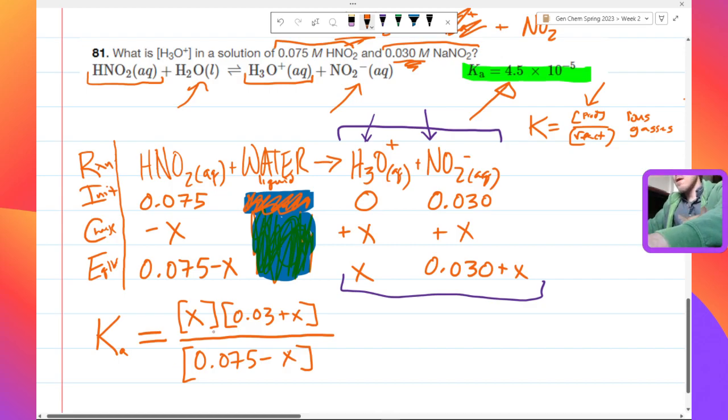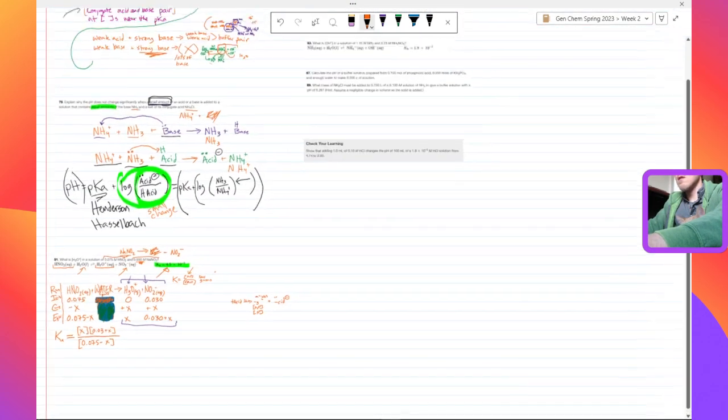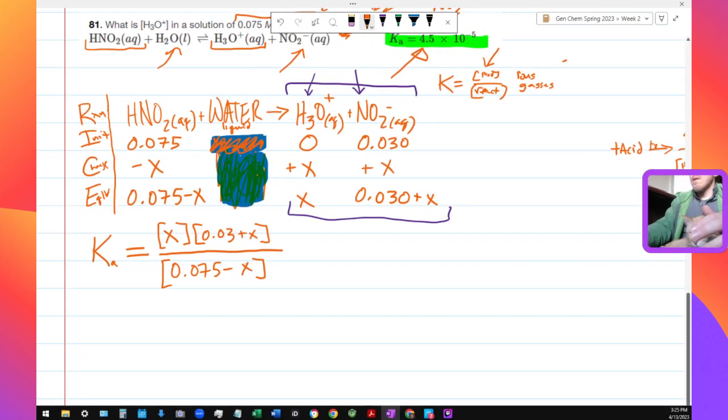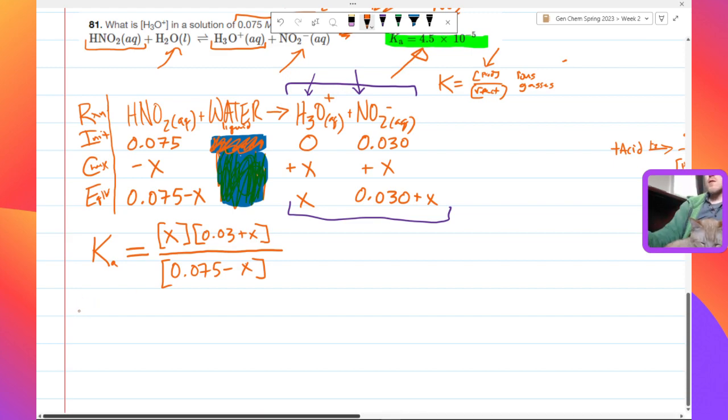So it would be wise to proceed accordingly. Let's just say, because again, Ka equals 4.5 times 10 to the minus fifth. We're given that information.